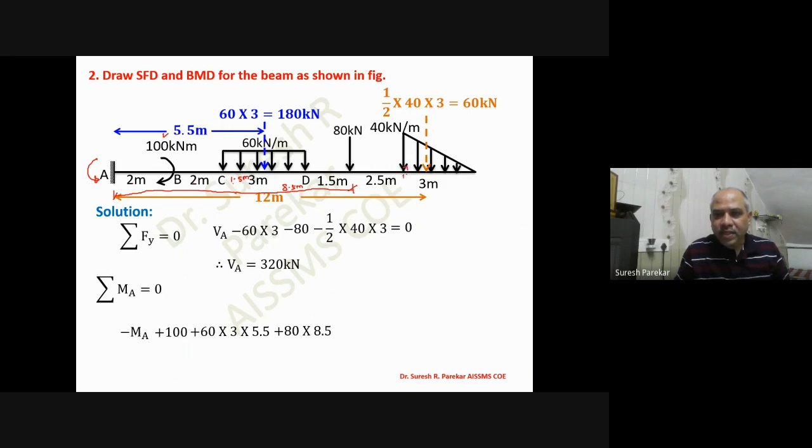So we have this distance 3 by 3, that is 1 meter. So total distance, if we see, 1 plus this 4, 5, 8, 9, 10, 11, 12. So this will be plus half 40 into 3 into 12, and that is equal to 0, and gives me Ma as 2490 kilonewton meter.